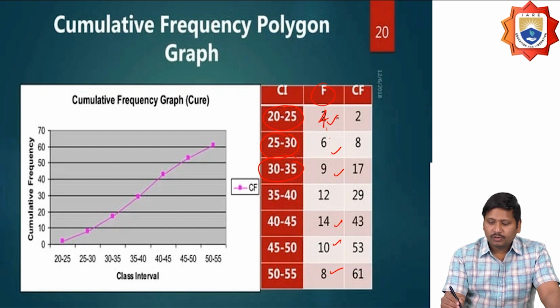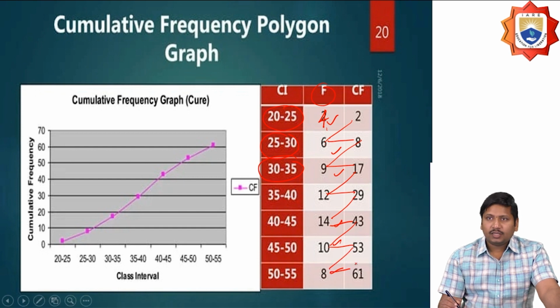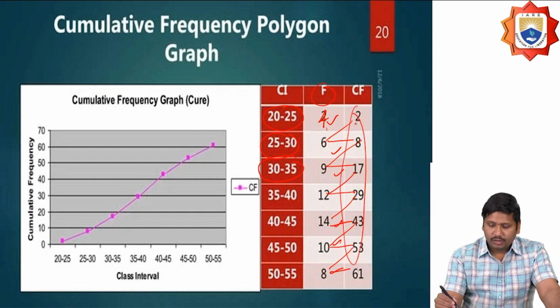Initially the frequency is 4, so after adding 2, I get this. Again 6 plus 2 is 8. Then 8 plus 9 is 17. 17 plus 12 is 29. 29 plus 14 is 43. 43 plus 10 is 53. 53 plus 16. So like this, I have to calculate the cumulative frequency.